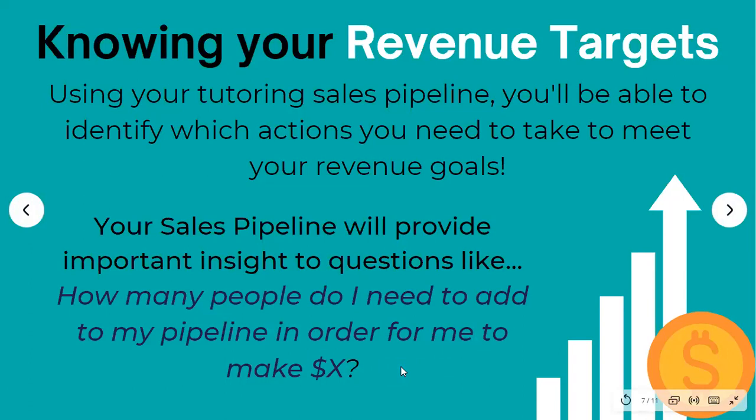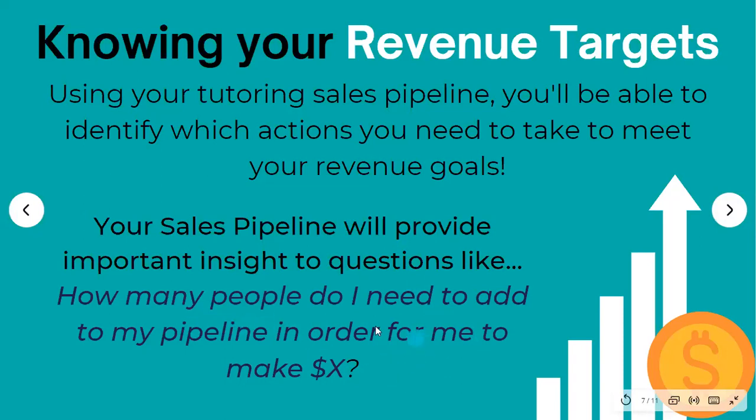from building up your pipeline and over time you learn that 30% of people that come into your pipeline actually end up buying tutoring from you, right? And let's just say your average tutoring package is, for me, the average is $600 a month. So let's just say it's 600, right?